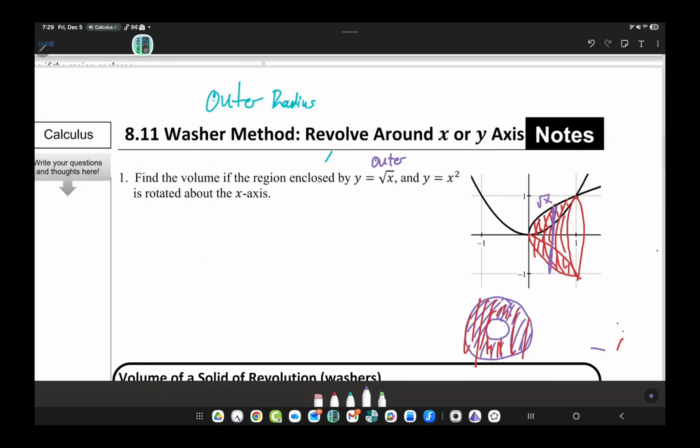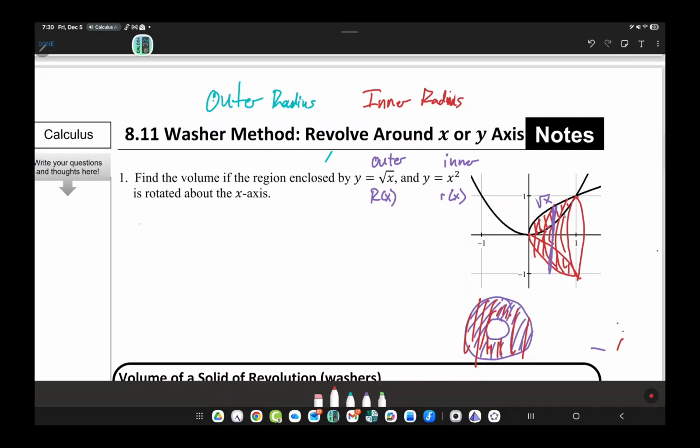Usually we label the outer radius as capital R of x. And then we have an inner radius, which we label as a lowercase r of x. The idea here is I'm going to find the volume of these two shapes separately and then subtract them.